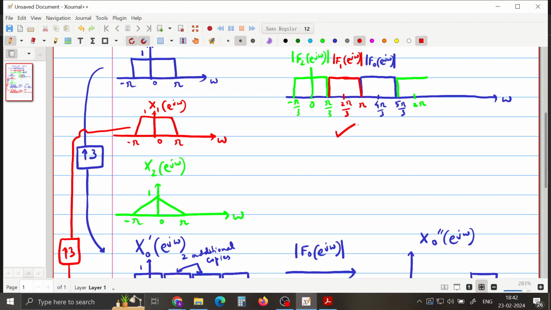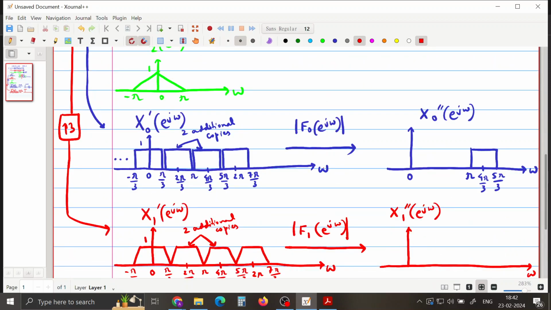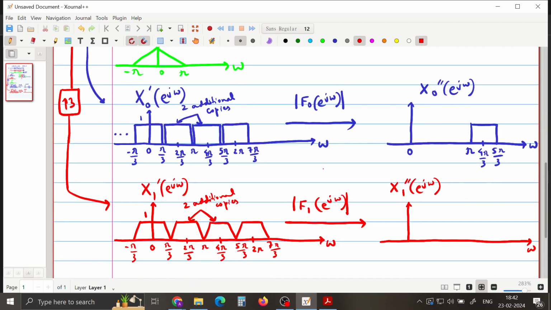Look at this portion. This is my F1. It is non-zero only there. So after multiplying the incoming spectrum with that part, I'll only filter out that portion. So only that portion will exist from pi by 3 to pi. So then tell me, how does the output spectrum look like?